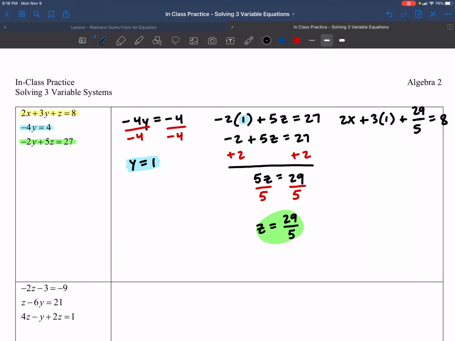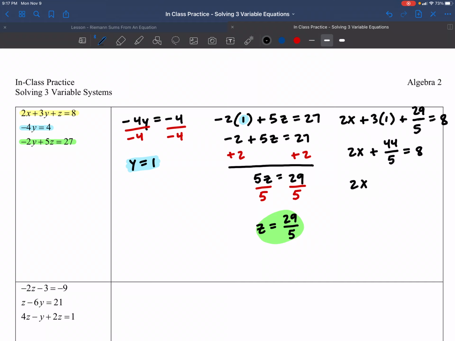I'm going to use my calculator to do 3 plus 29 over 5. As a fraction, this gets me 44 over 5, and if we turn that into a decimal, that is 8.8.